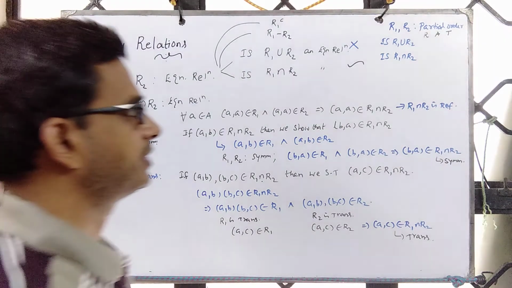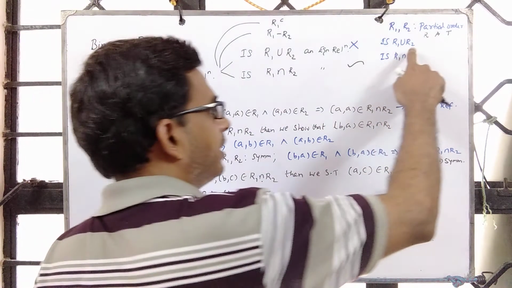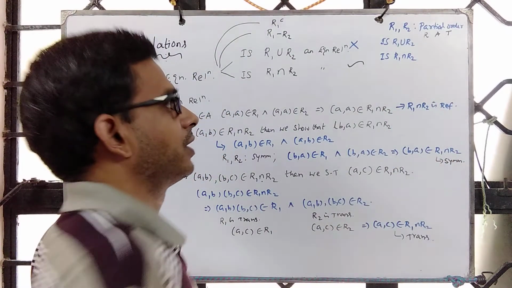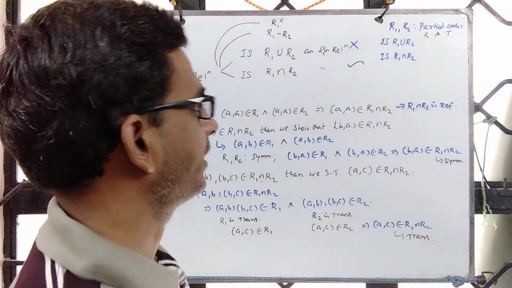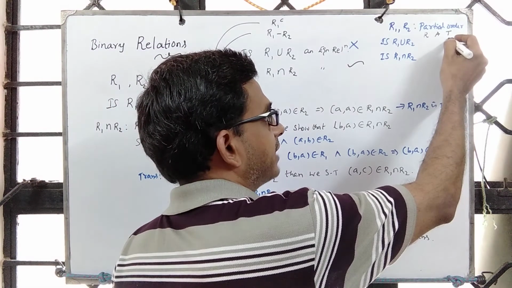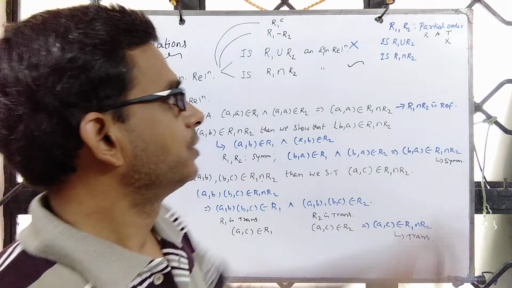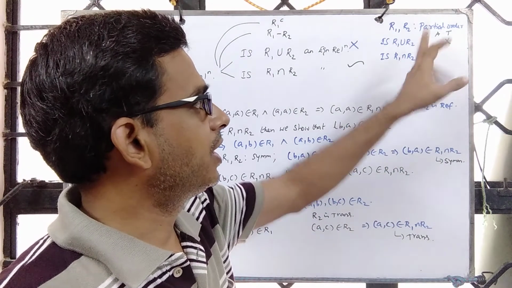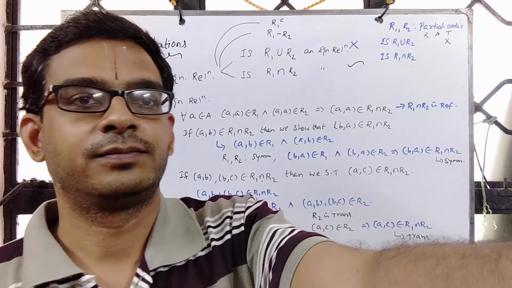Just now we have seen that R1 and R2, being partial orders, satisfy the transitivity property. Their union need not satisfy the transitivity property. Because of that, R1 union R2 need not be a partial order.